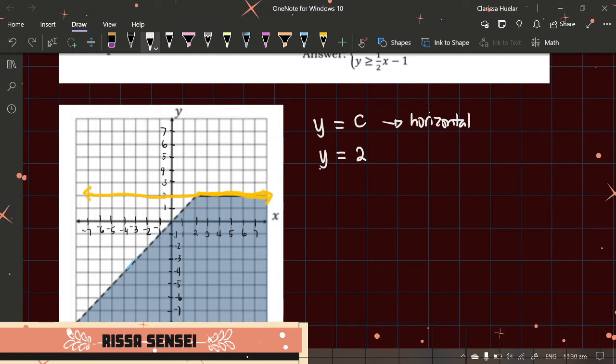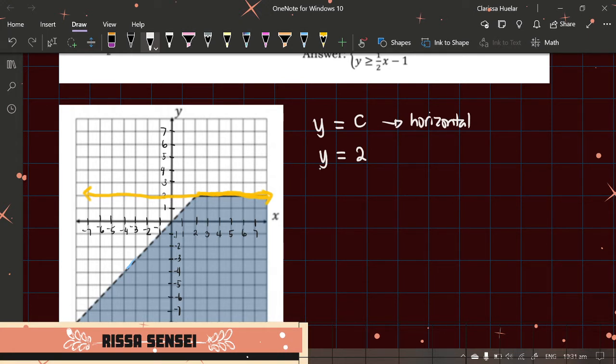Diba? Wala siyang slope. Meron siyang rise pero walang run. Wala siyang rise pero may run. So, the slope here is 0. Constant lang yung ating y equals 2. Yan lang.